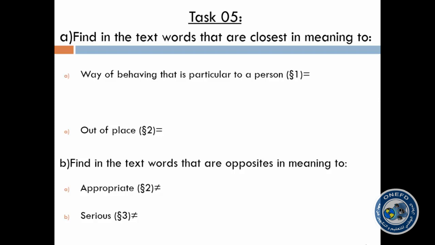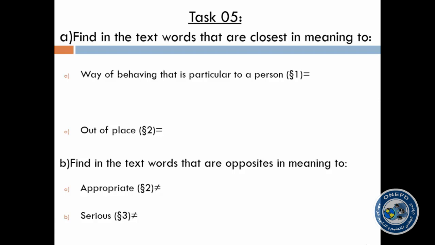Task 5. This is an exercise about vocabulary. It consists of 2 parts, part A and part B. Part A, find in the text words that are closest in meaning to. When we say find words closest in meaning, we mean synonyms.